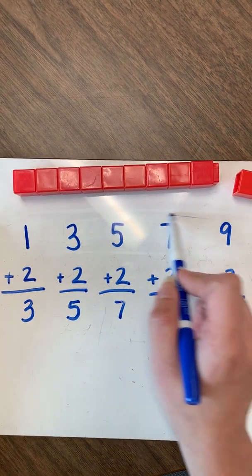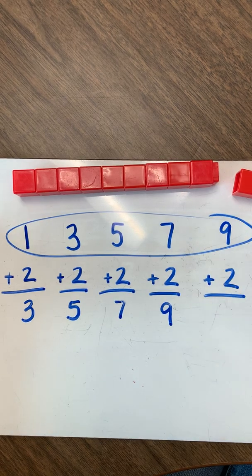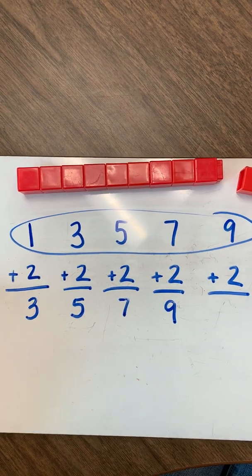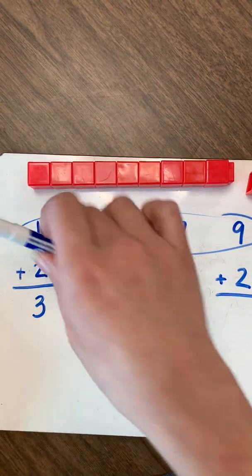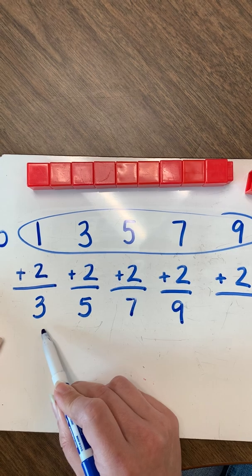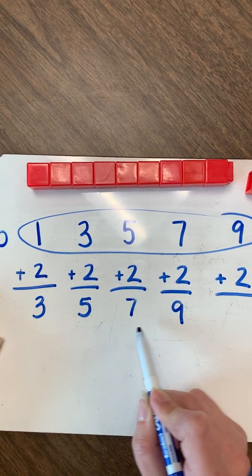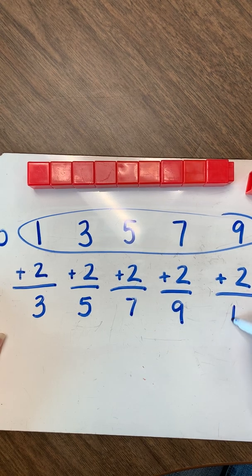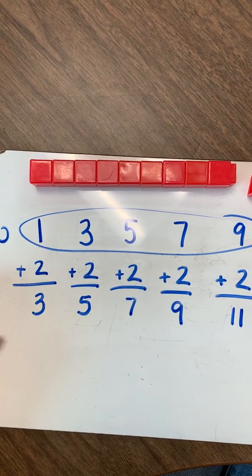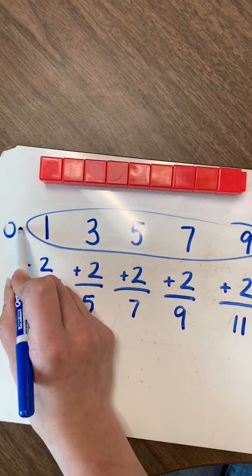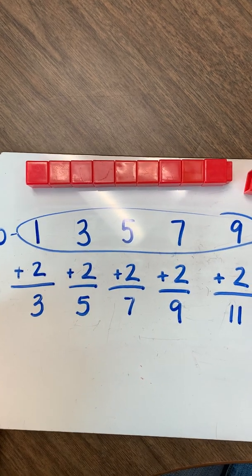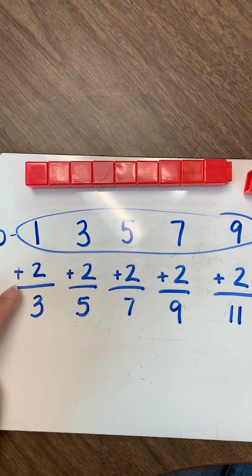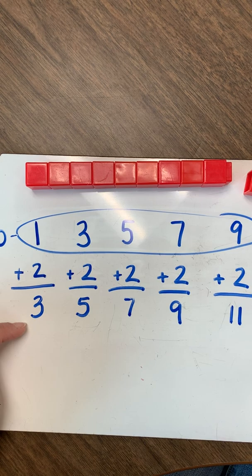These are all of our odd numbers. And we add 2 more. Our answer is also odd. 3, 5, 7, 9, 11. When you have an odd number and you add 2 to it, the answer still becomes odd.